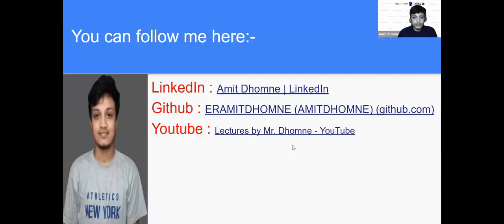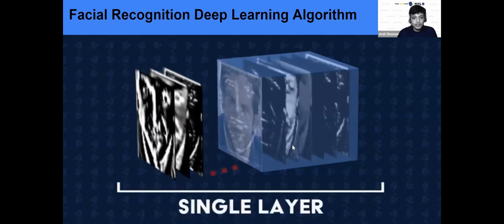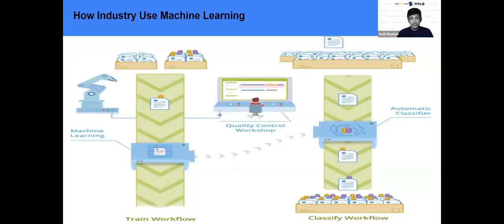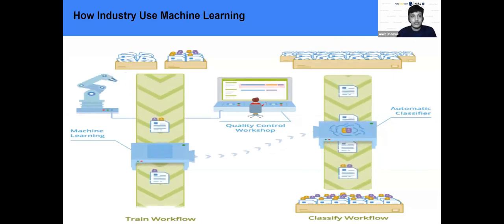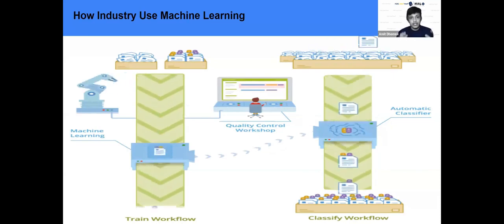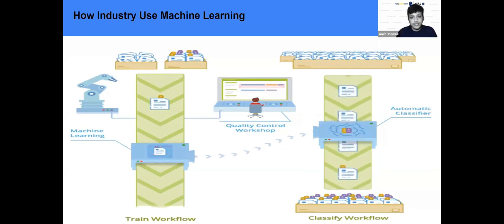Okay, some of them are asking, is ML important for the automation industry? A very good question asked by Nitish, like how ML is important for the automation industry. I've shown you one video, if you remember, of how we are processing in the industry. From this, you got an idea of how AI and ML are important for automation industries.